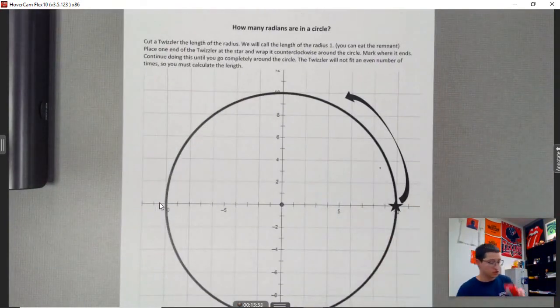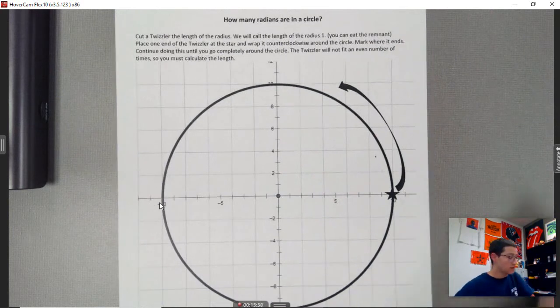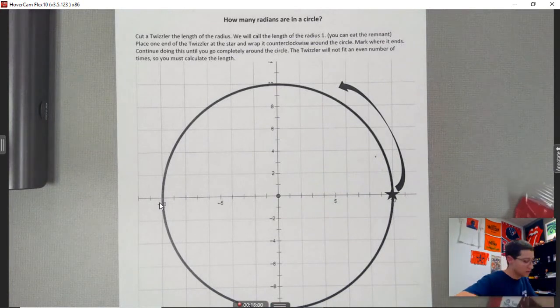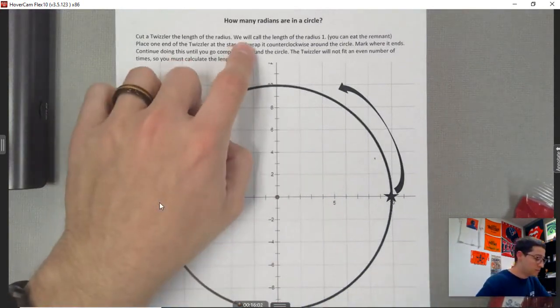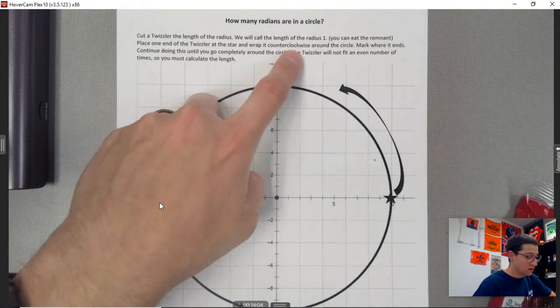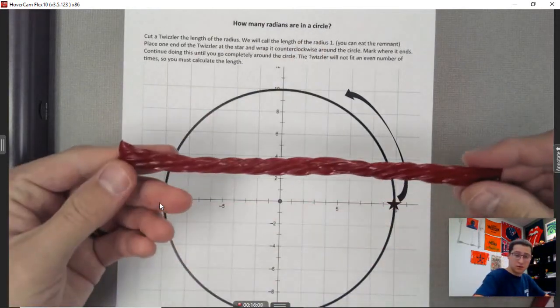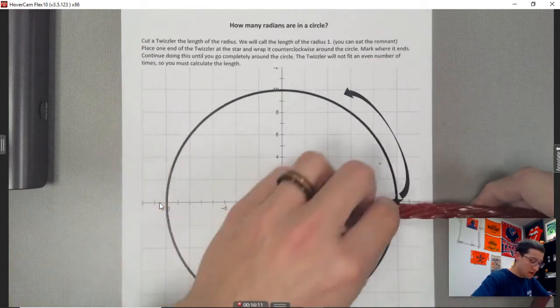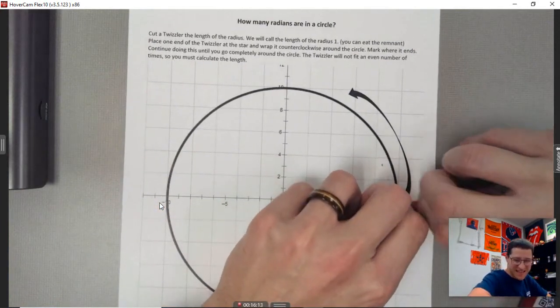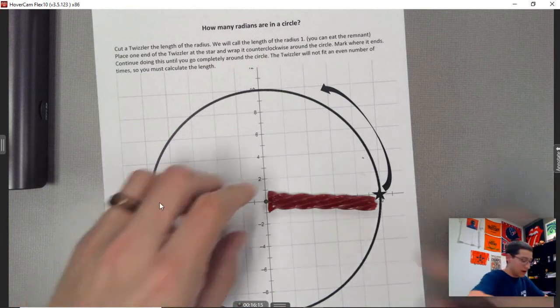How many radians are in a circle? So we're going to cut the Twizzler to the length of the radius. Ooh, that is probably really loud on the video, I'm sorry. We will call the length of the radius 1. Here we go. I'm going to get my Twizzler and cut it off at that spot. Not going to be perfect.